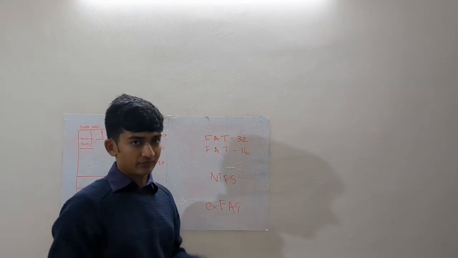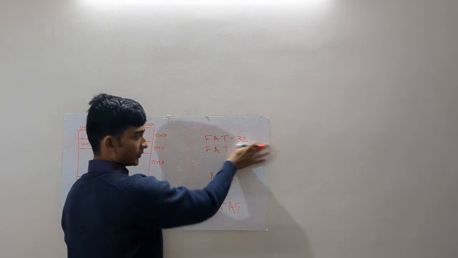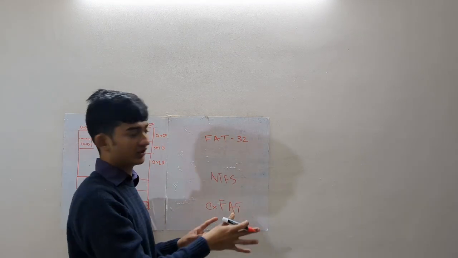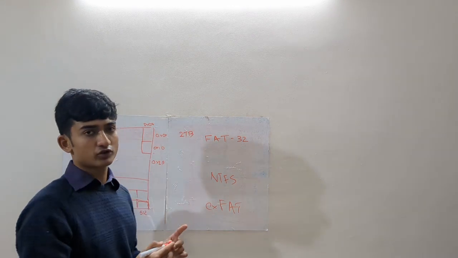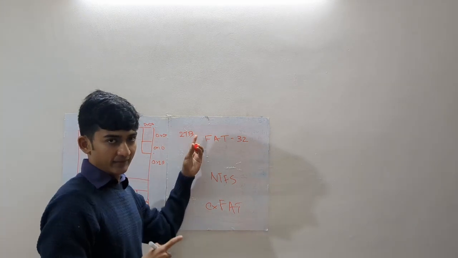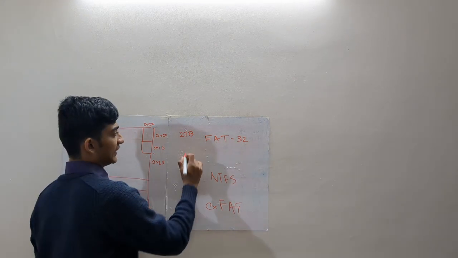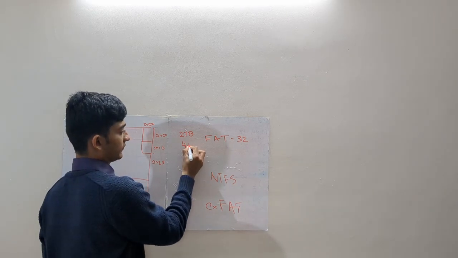So when we're talking about FAT, let's assume we're talking about FAT32. It has certain limitations such that it can only be used for storage devices of up to 2 TB. We will see why this limitation exists further in. And the file size can only be 4 GB.